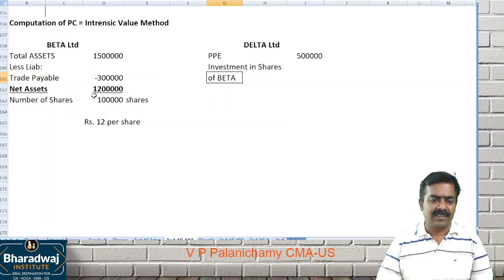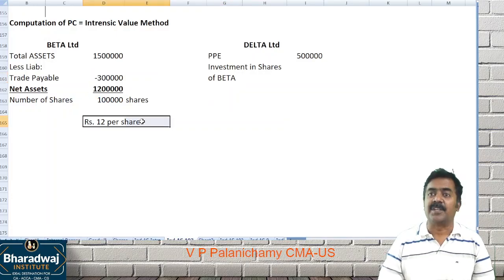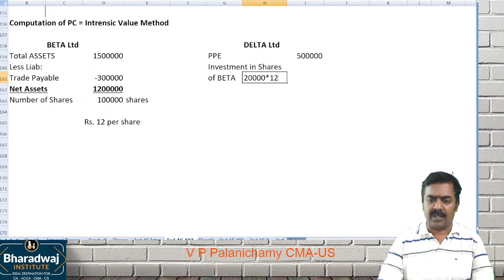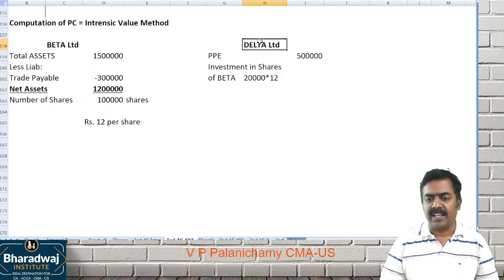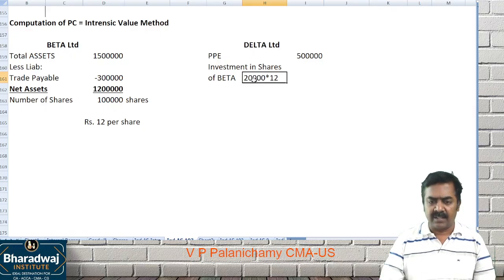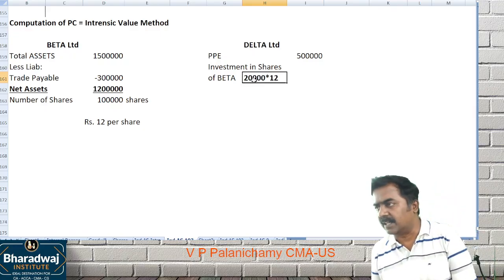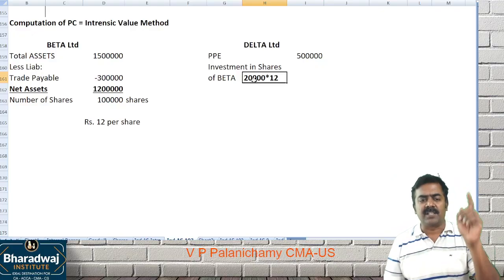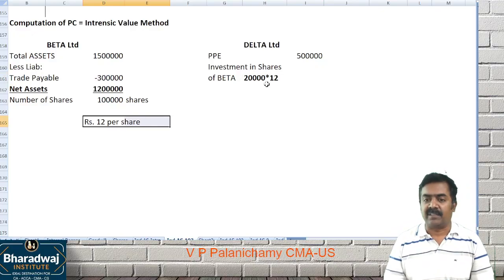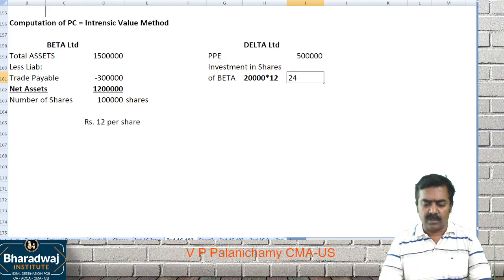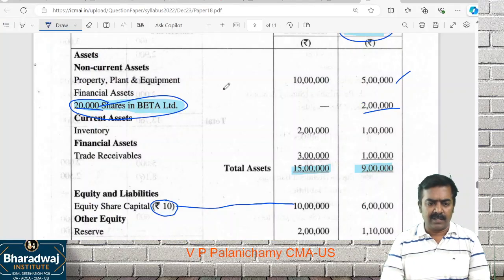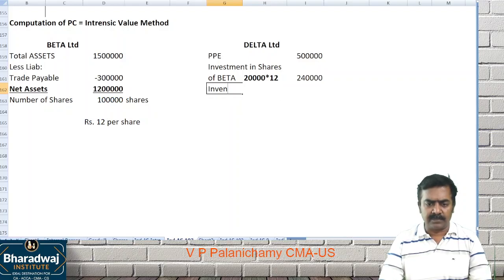No. The value per share is 12 rupees now, so 20,000 into 12. The selling company is having shares in the purchasing company. The fair value is 12 rupees. It will be 2,40,000.